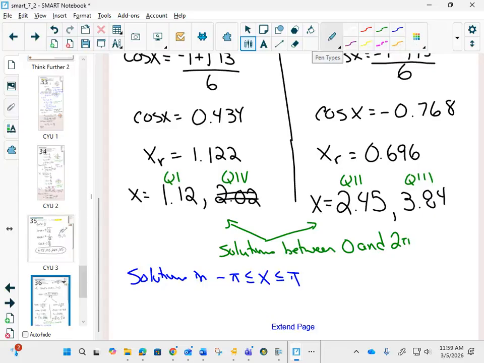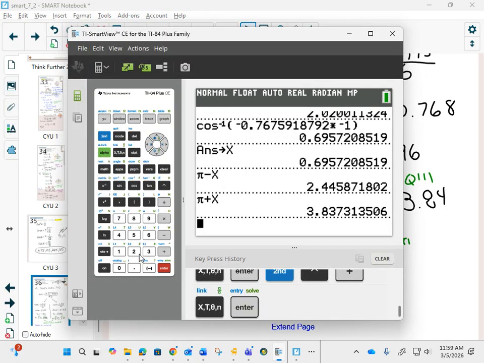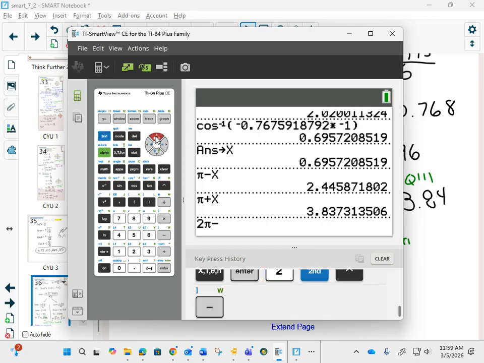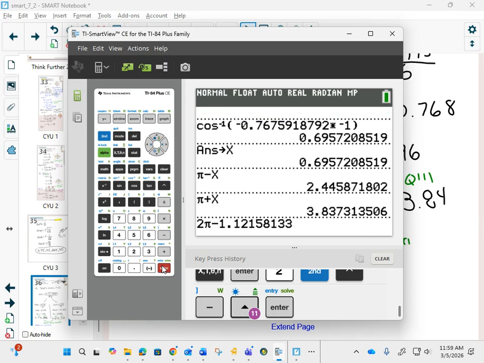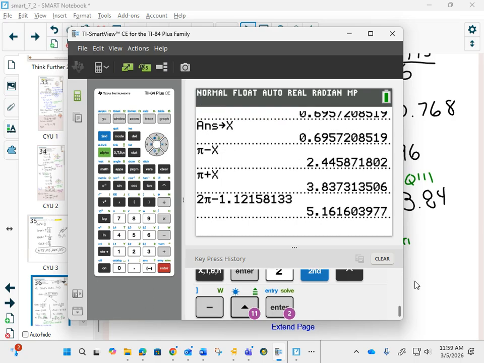In quadrant 4, I'd have to do 2 pi minus that reference angle. Gotta go find that reference angle. There it is. I should have got 5.16.